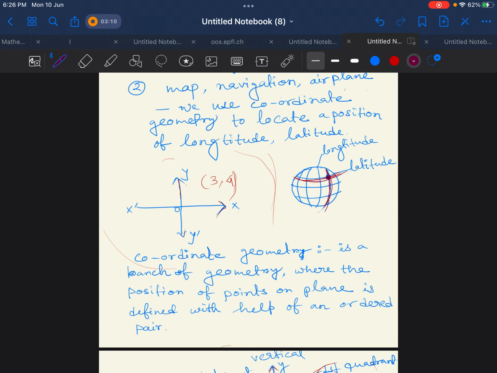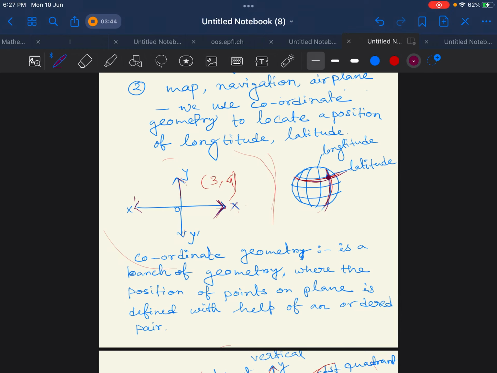Now we plot this globe of earth onto a graph. Okay, here this is a graph and you see this is the x-axis, x dash is the x-axis and this is the horizontal line, and above the x-axis we have the y-axis.